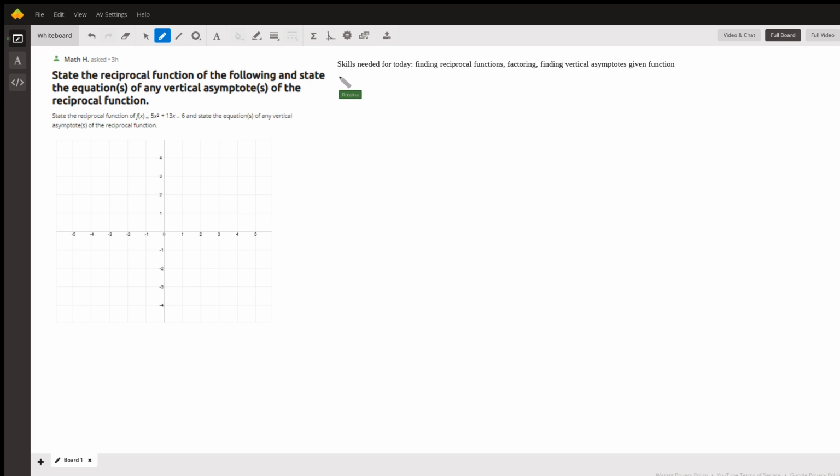We have to first find the reciprocal function. So we have f of x equals 5x squared plus 13x minus 6. So reciprocal, that just means flip it over and put it under a 1, simply stated.